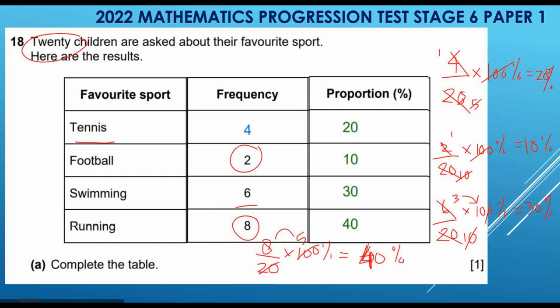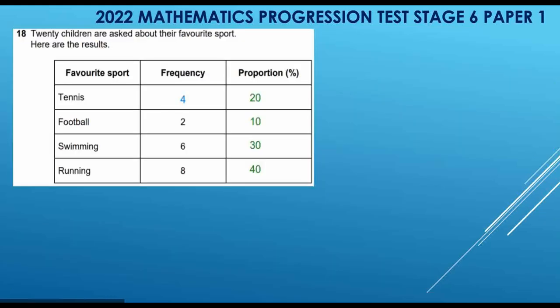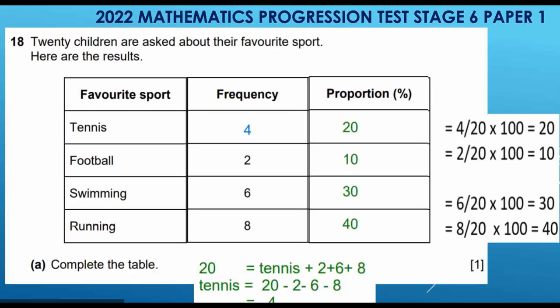So that's it. Next. So this is the explanation. So this is all the calculation to get the proportion, and this is the calculation to get the frequency of 4.